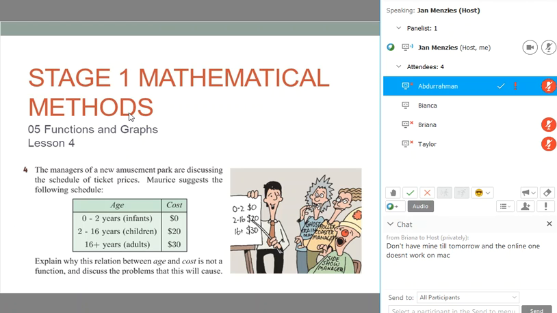So what I'd like you to do to start this lesson is just read this question number 4. There's a problem with it. I just want you to comment on the way this proposed situation is set up and identify what the problem is.